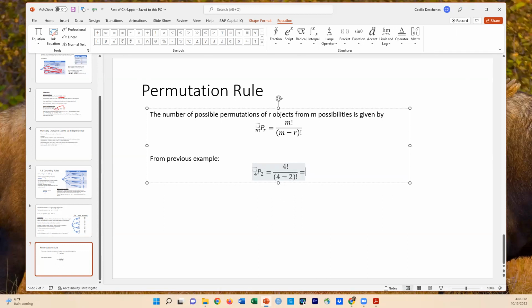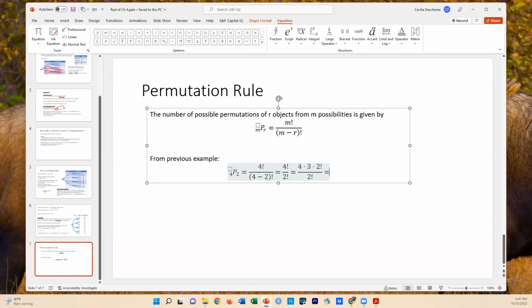And that's going to equal the 4 factorial divided by 2 factorial, right? And that's just 4 times 3 times 2 factorial divided by 2 factorial.